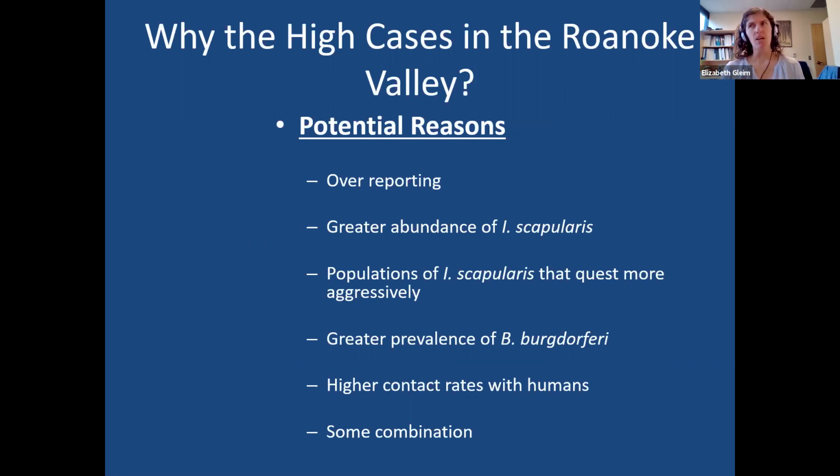So I moved up here about 3.5 years ago, and when I first started exploring all of this literature and seeing these trends, I thought, okay, let's start ticking off these boxes and try to determine what is driving this trend that we're seeing.